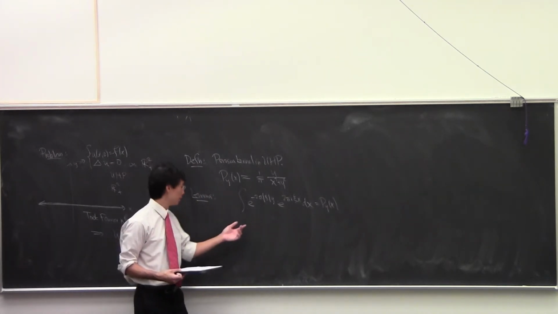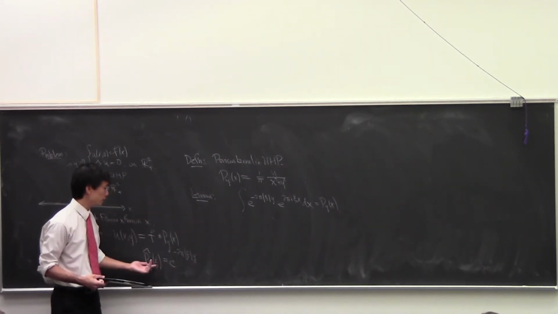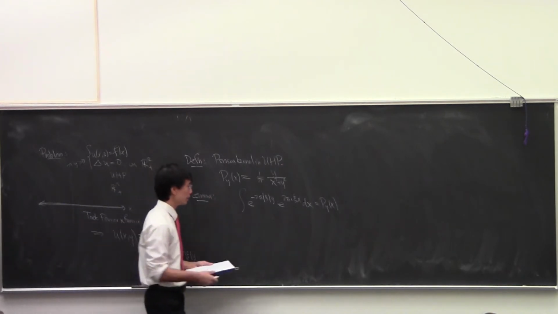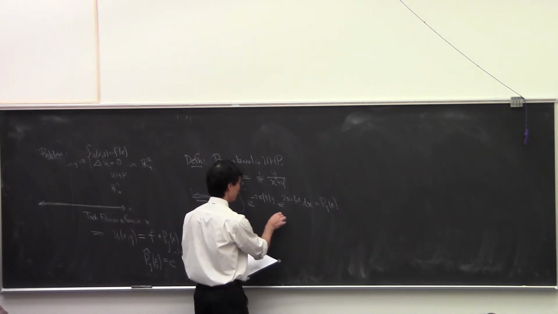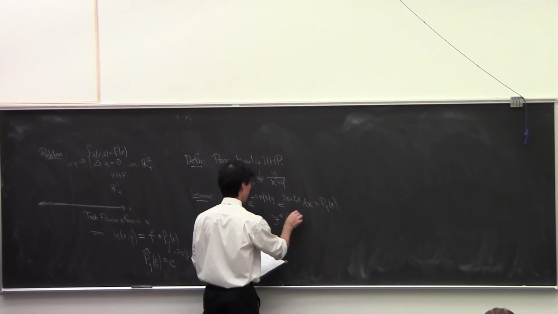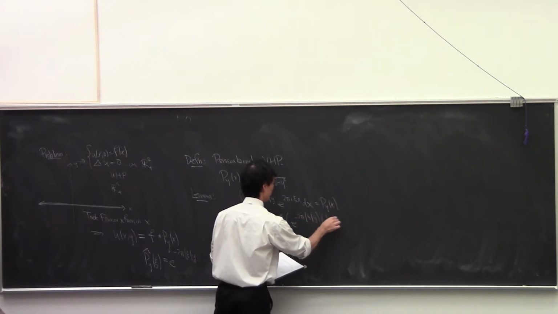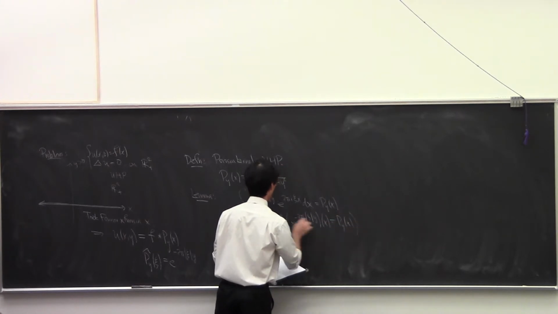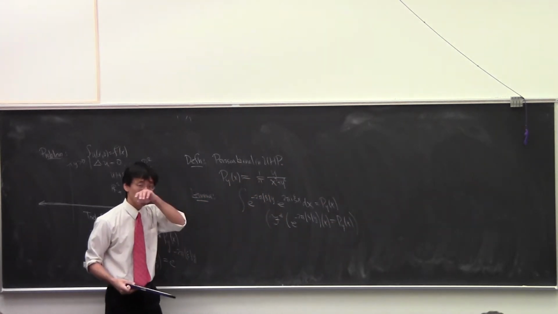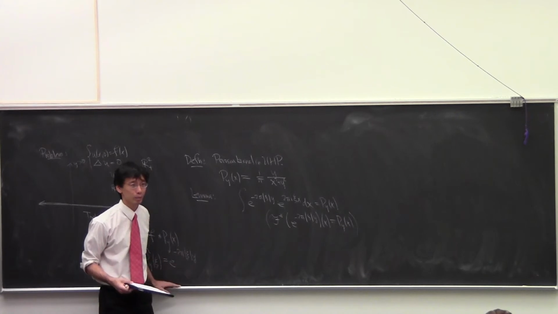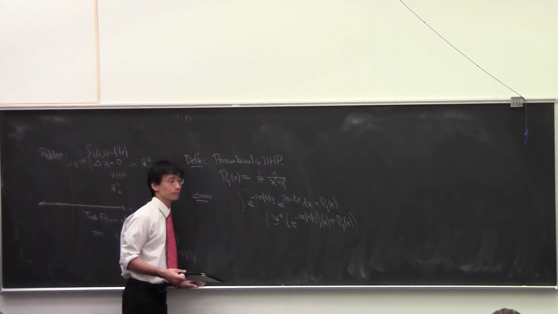So that says the inverse Fourier transform of this thing actually is the Poisson kernel. If we want to use a different notation, make it more obvious.